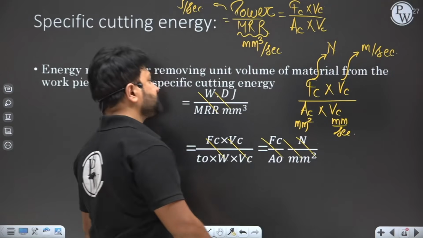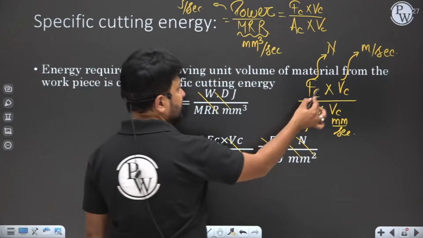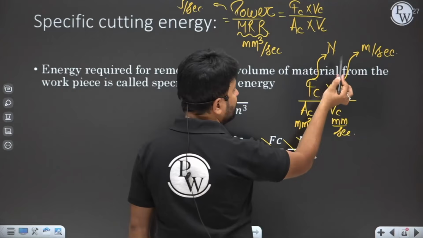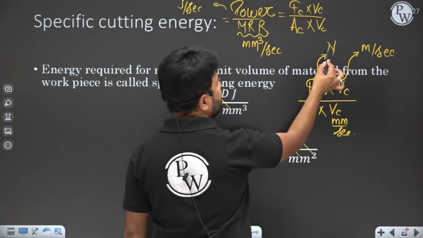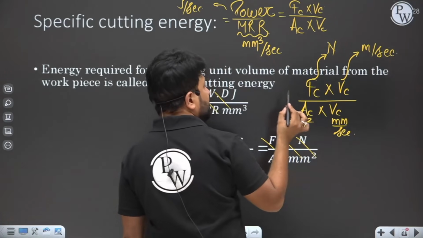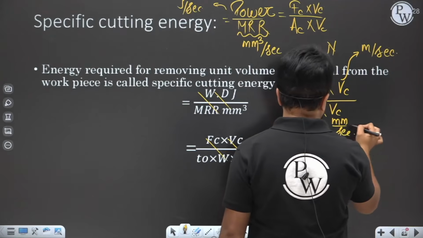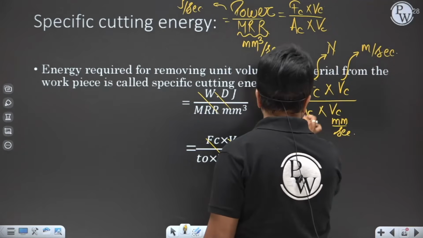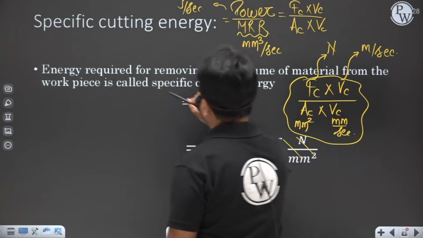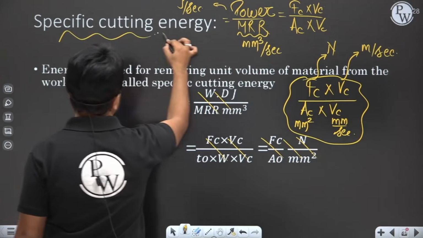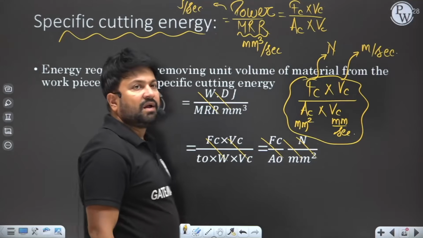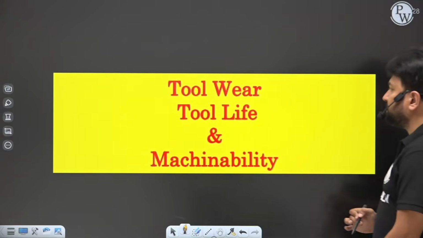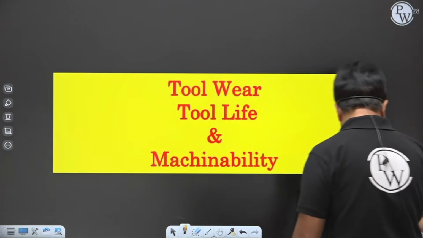So don't cancel that cutting velocity directly. After converting you can cancel it. Now if you cancel unit wise, second cancels, Newton meter is Joule. So this becomes the specific cutting energy.